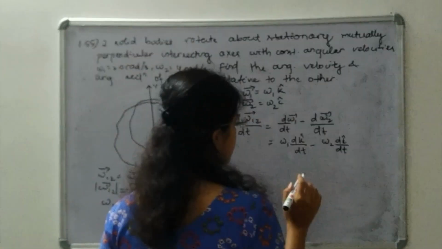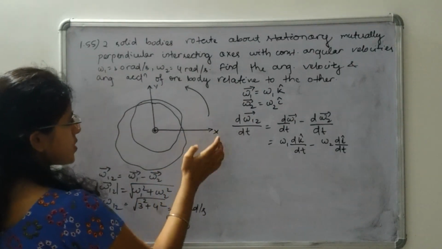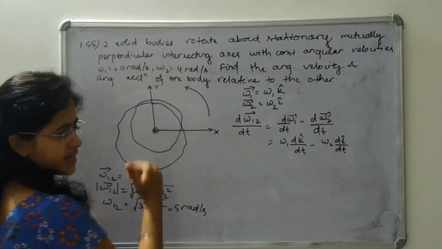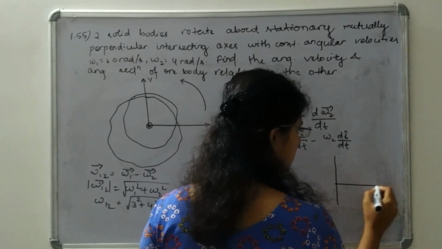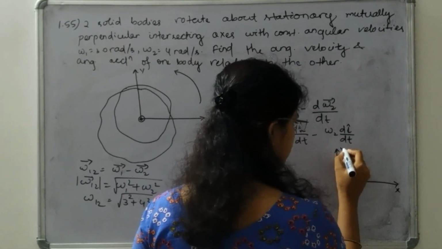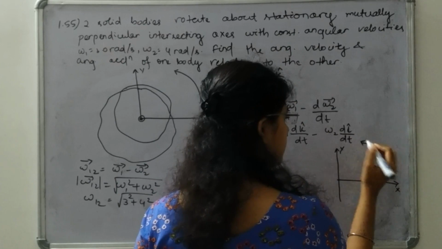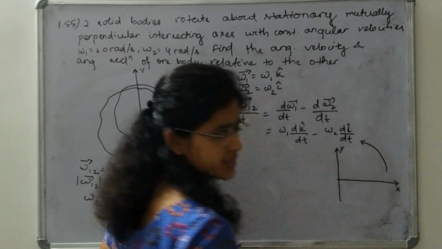So let us take the first case where the solid body is rotating in the xy plane along the z axis. Okay. So this is x and this is y, and the solid body is rotating in this direction along the z axis.